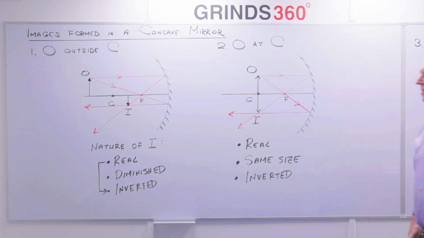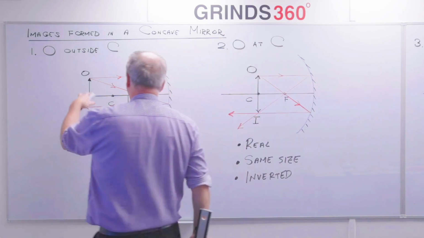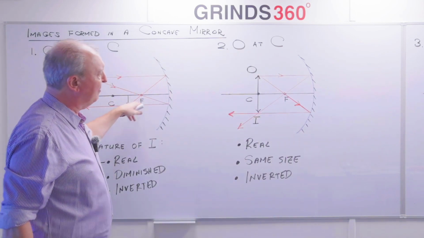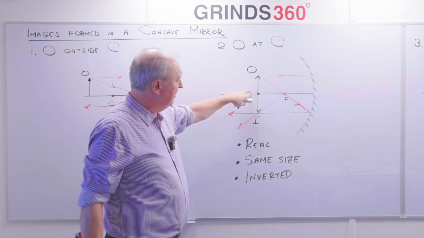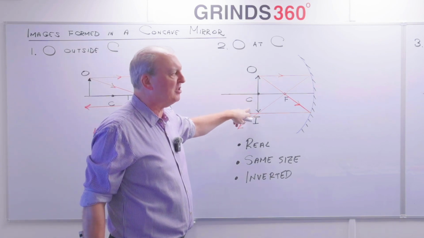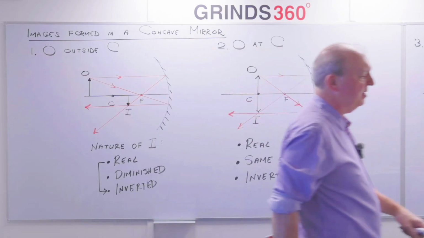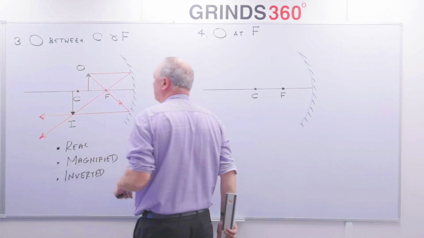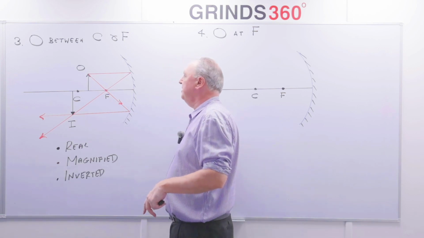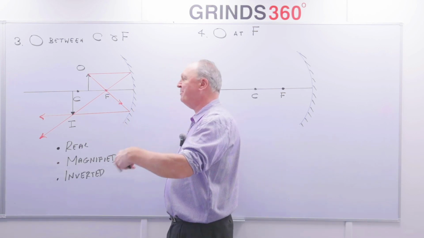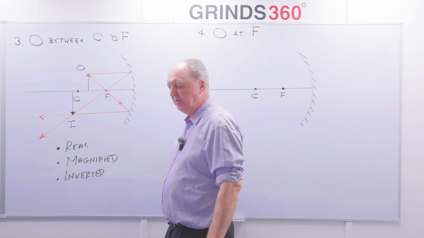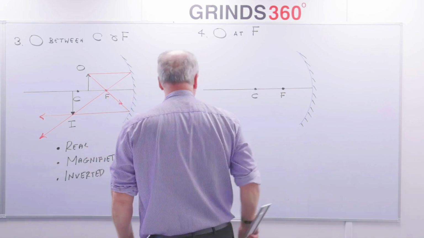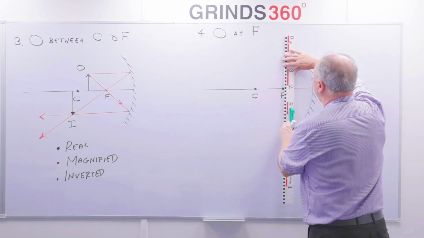So far, when I place the object outside C, I get this diminished image between C and F. When I place the object at C, I get an image in the same position also at C. And then, when I push the object in even closer between C and F, well, the image ends up outside C. So now let's move on. So I'm moving the object in closer and closer. So now I'm going to move it to F.